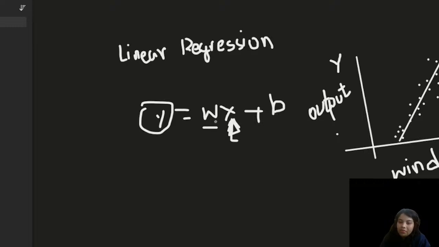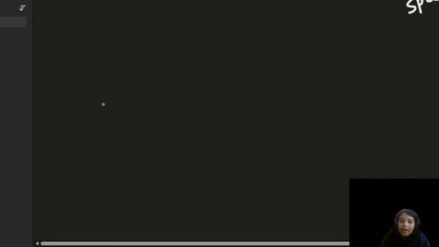So as we have added a weight and a bias value, for the sake of our assumption, we can say it is okay. But what would happen if we have multiple features?